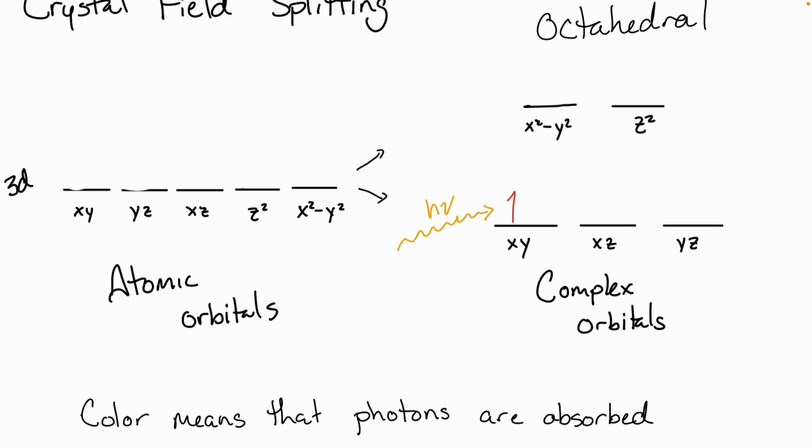What's going to happen is that this complex is going to absorb this photon, kicking this electron from this low energy orbital up to this higher energy orbital. Okay, that would be an excitation. All right, so the electron moves from low to high. Again, that's what we call an excitation.